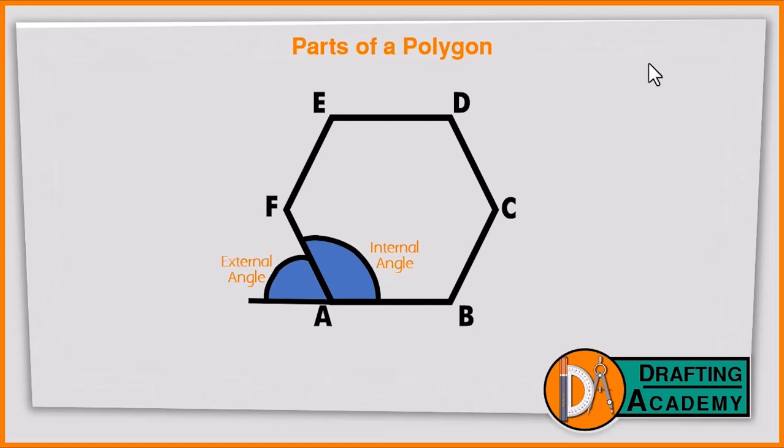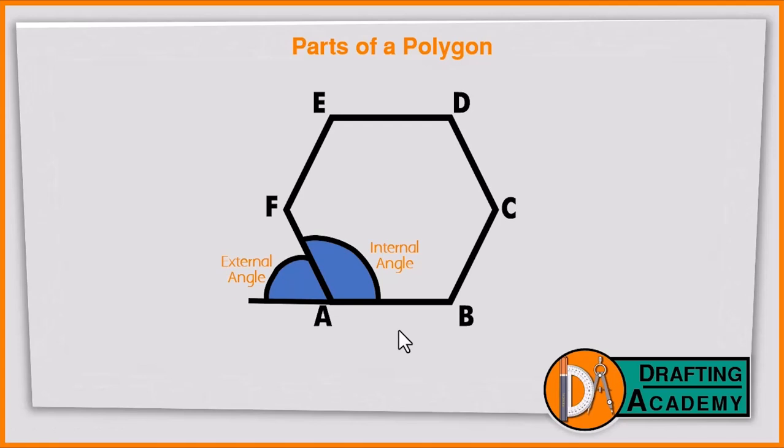I'm going to start with discussing the internal angle. The internal angle is the angle between two sides of a particular polygon. Here we've got a hexagon, so the internal angle there can be the angle between AB and AF, which can be named BAF or FAB.